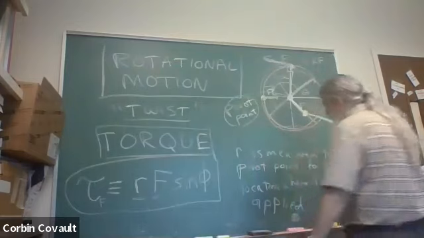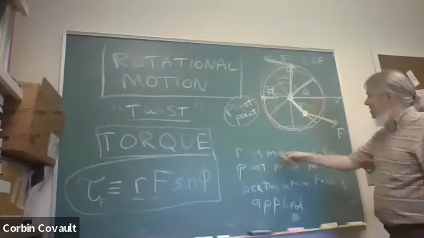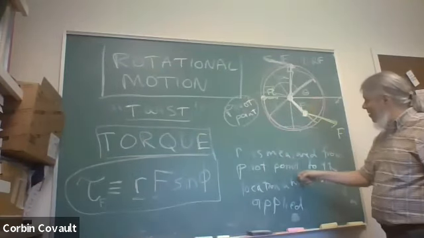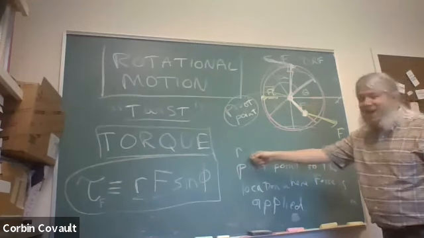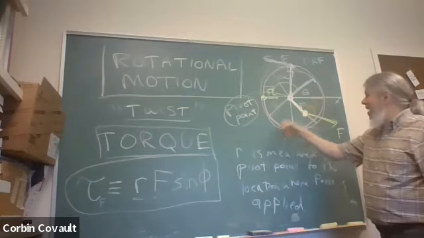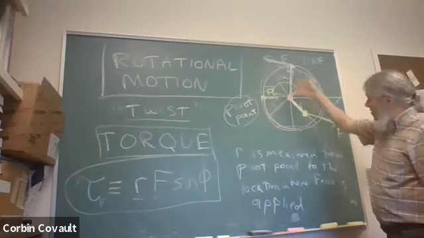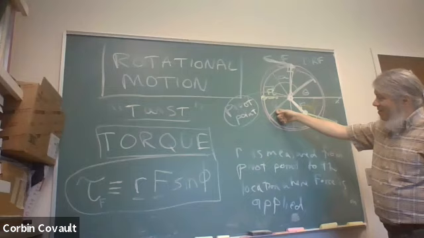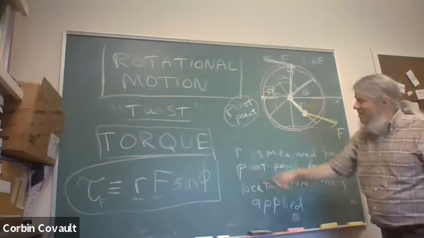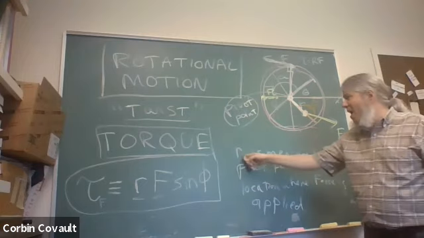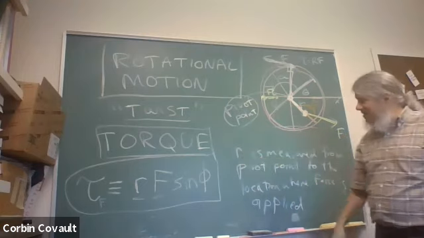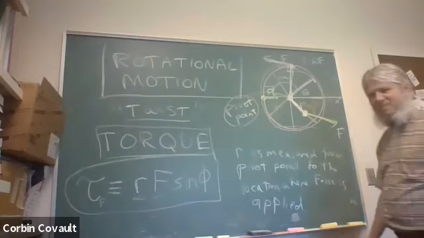Again, R is the distance measured from the pivot point to the location where the force is applied. Notice in particular, R is not a radius. In this case, I'm applying a torque to a thing that has a circular shape, so it has a radius. But in general, R is just wherever the force is applied on any given body. And if the body is not round, there's no radius, still R is calculated exactly the same way.